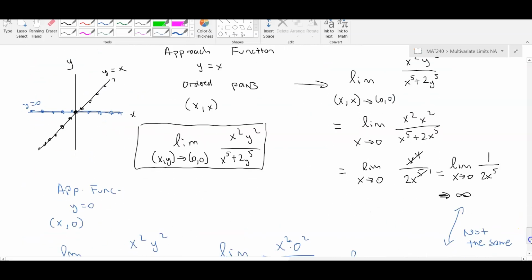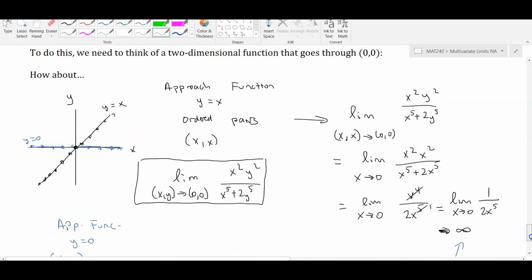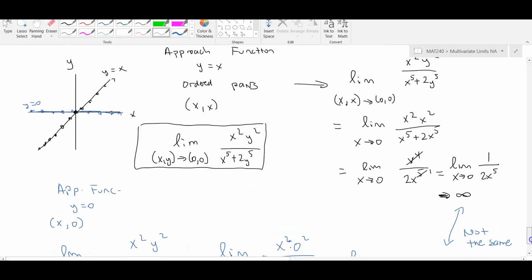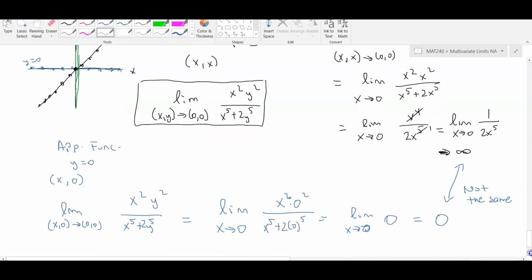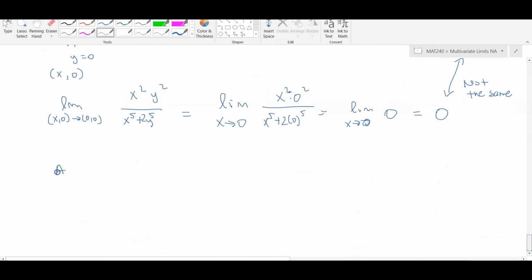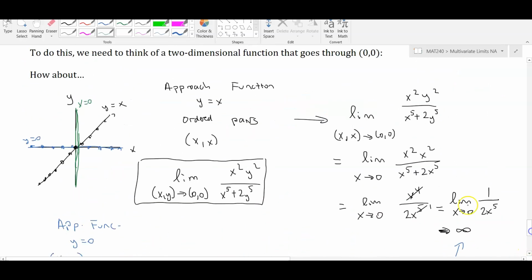So disproving limits is just picking a few different approach functions. And by the way, if you had picked the third approach function, where x equals 0, the reason I want to say that it's not enough just to pick two paths is for that approach function of x equals 0, let's think about those ordered pairs.